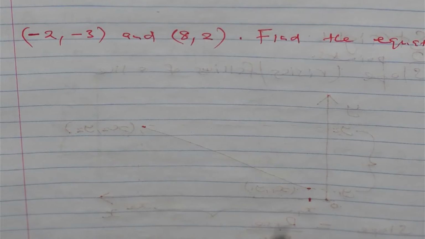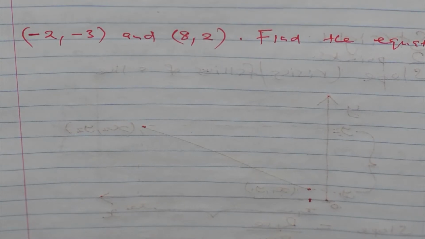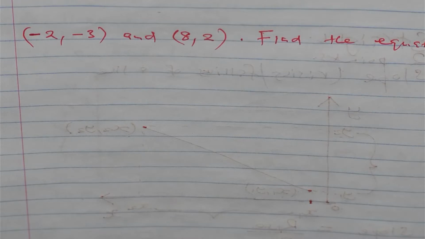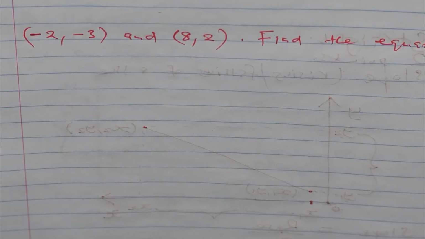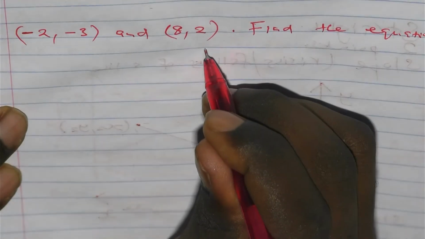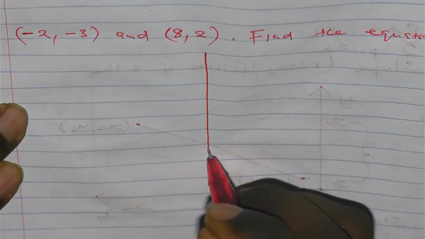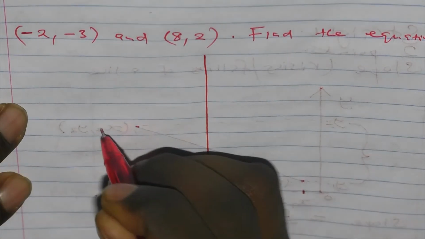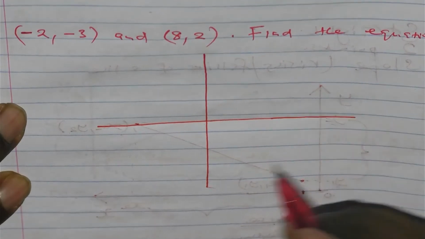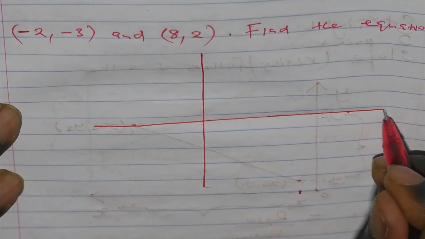So the first thing that you're supposed to do, when I was a student back in school handling this topic, the first thing that I used to do is I used to try and envision how the points looked when joined together, okay? I'll do this by first drawing a simple Cartesian plane. By drawing a simple Cartesian plane, try and sketch wherever you think the points are, okay?